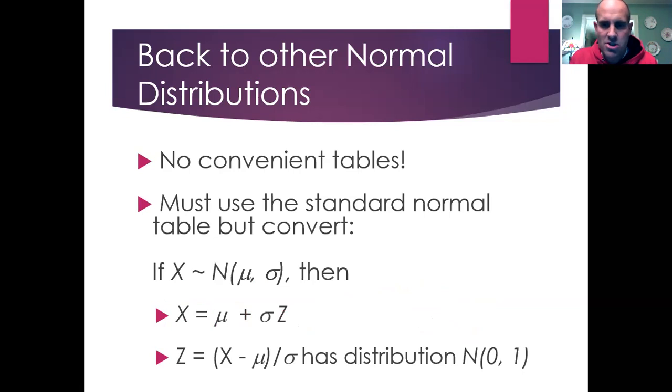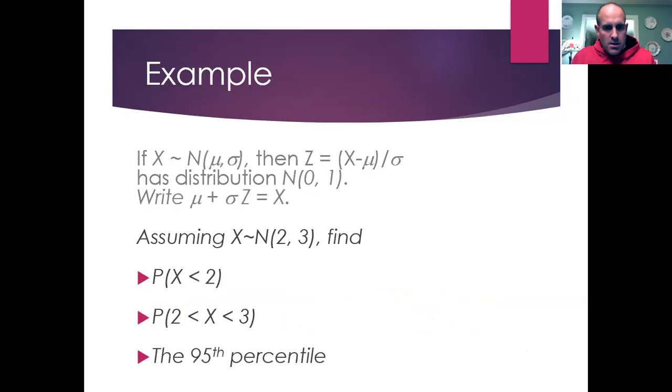So here's the relationship between x and the standard normal, z. If x is distributed as normal with mean mu and standard deviation sigma, then z equal to x minus mu over sigma has a standard normal distribution. We can write it the other way too. That's convenient to see that z is telling us the number of standard deviations above or below the mean we are.